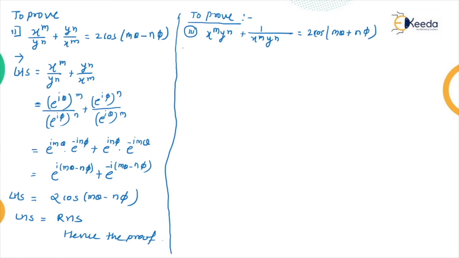So we're taking again LHS. LHS is again x^m y^n + (x^m y^n) to the power minus 1.